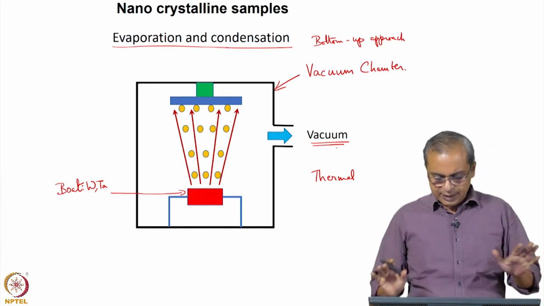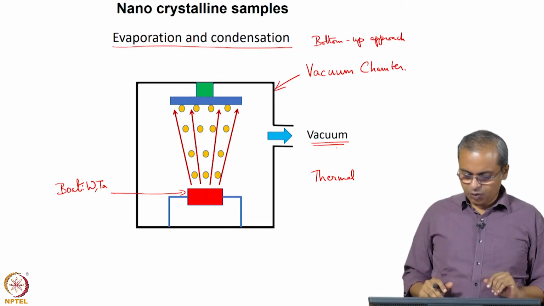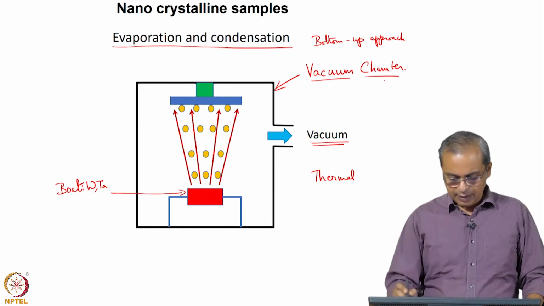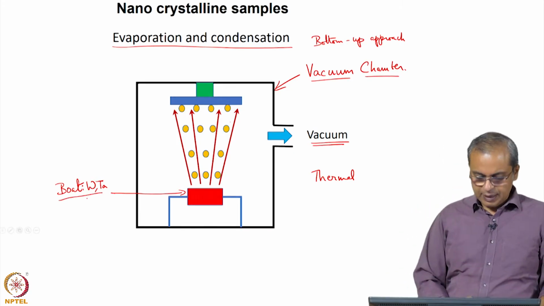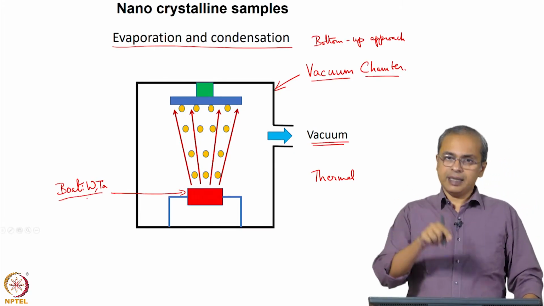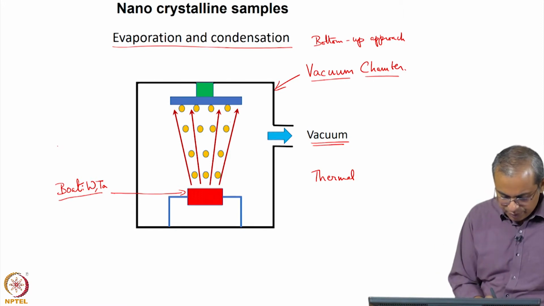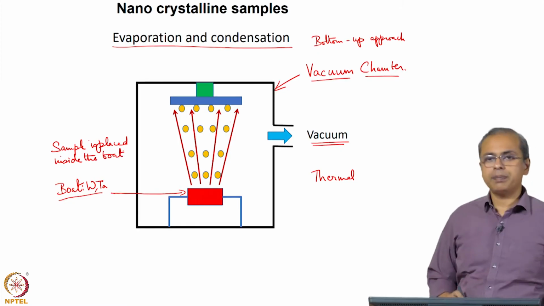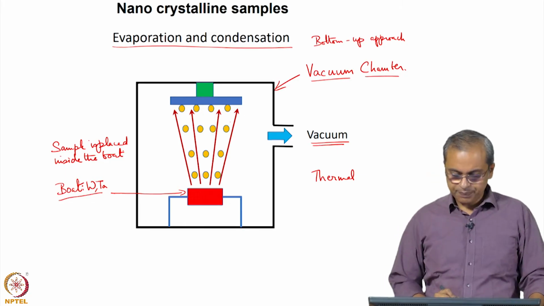Before you do this, let us see a few parts of this system. You have a vacuum chamber, this is the boat that we spoke about, and the sample is placed inside the boat.